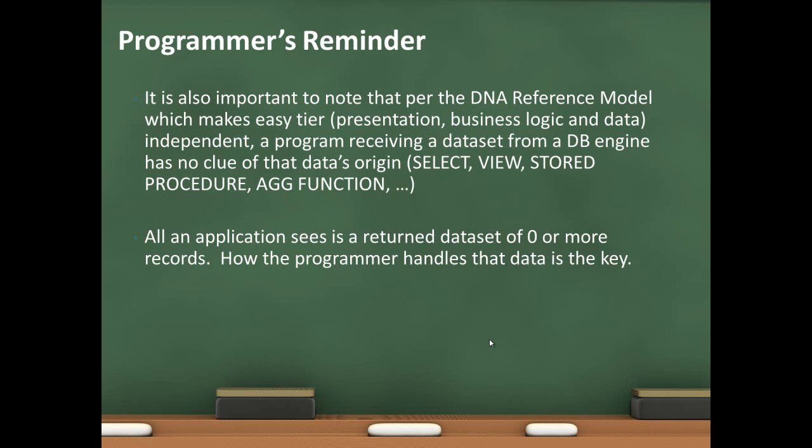It's also important to note that per the DNA reference model, which makes up the three tiers, it talks about presentation, business logic, and data tier, that separation of responsibility. Remember we talked earlier in other classes about how most of what we do in technology falls in one or more of these categories.